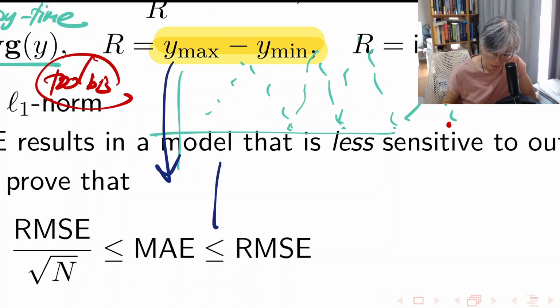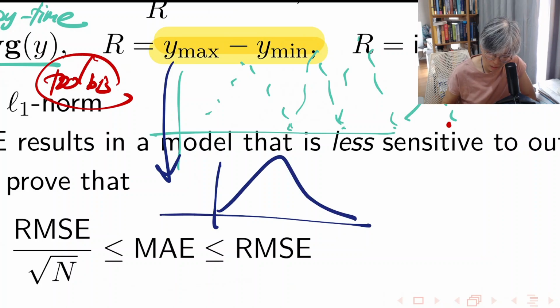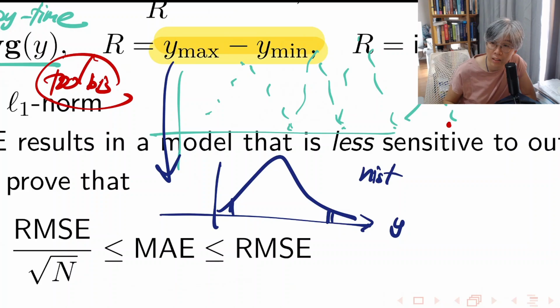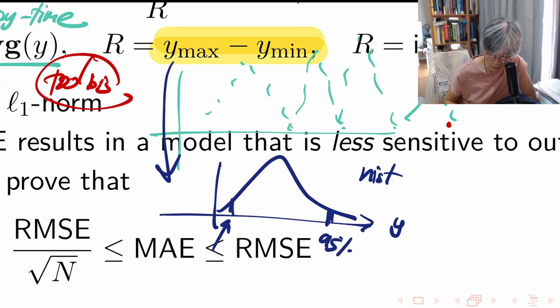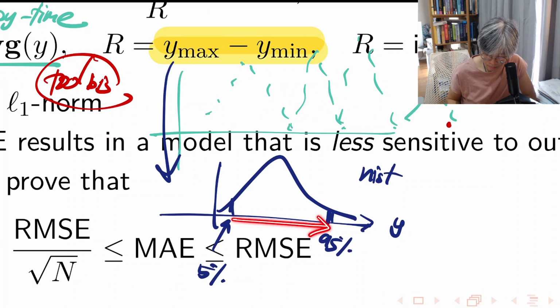For example, you may take a look at the data histogram. Suppose this is a histogram of your Y, right? And then instead of picking the max minus min, you can pick a high percentile. For example, at the 95th percentile and at the 5th percentile, and use this range instead.